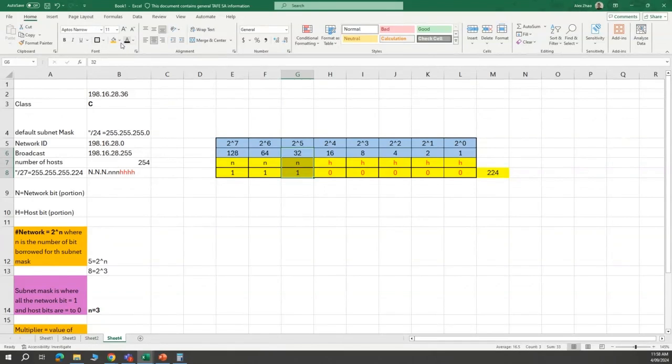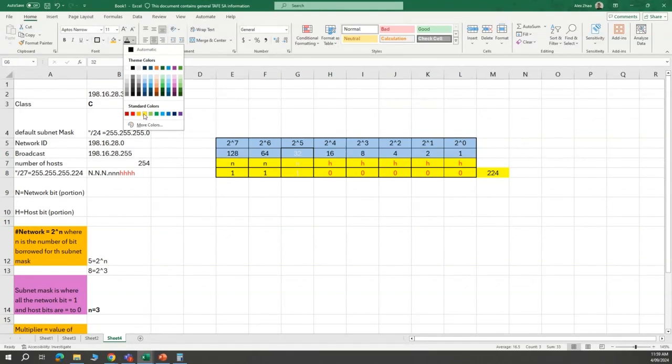Okay, so we might just highlight that somehow. We might just make it bold. No, that's not highlighting enough. And we'll make it, no, that's too much. Red is too much. Can you see that?